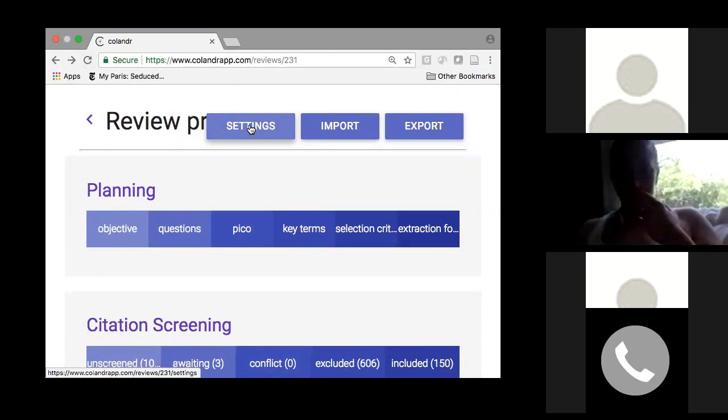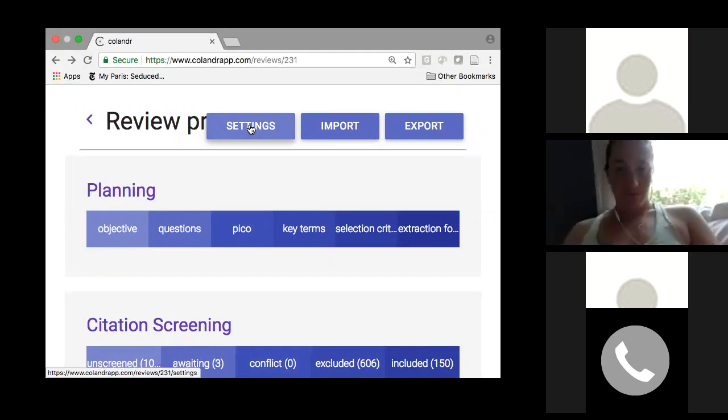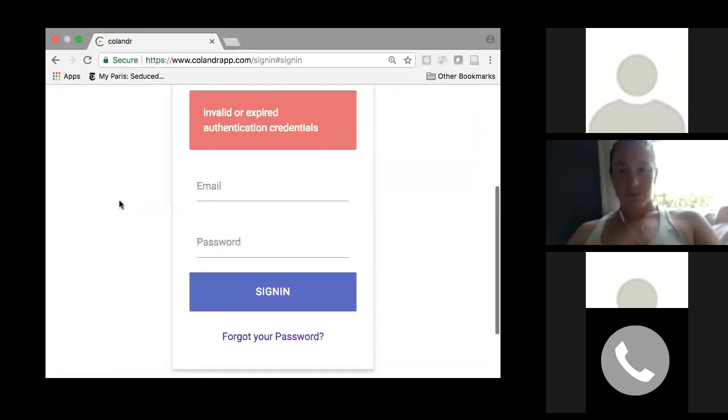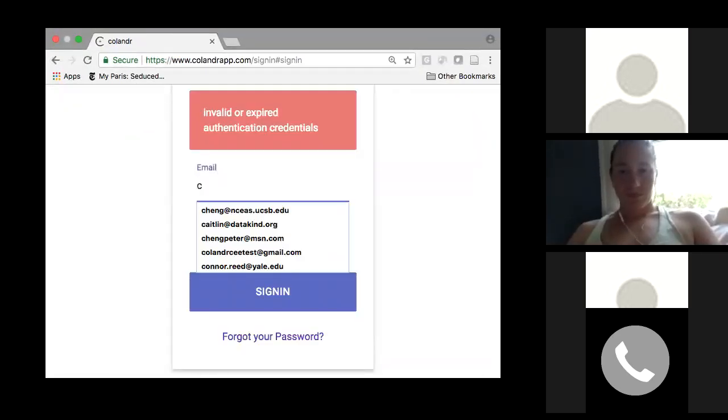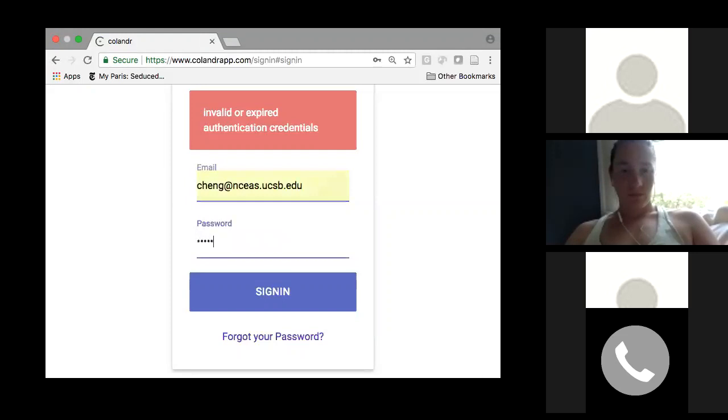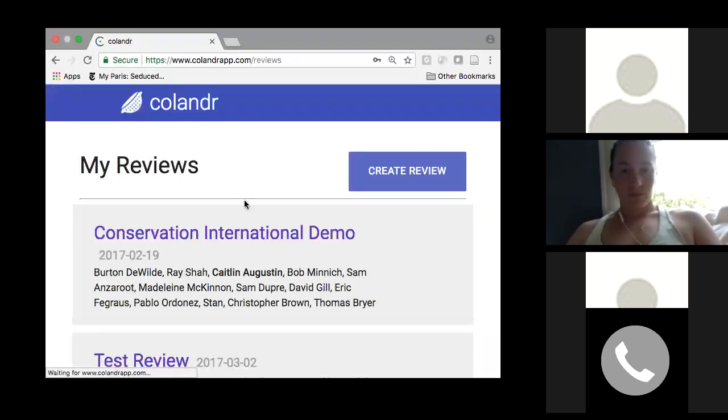I'm going to wait about 10 seconds. When you get to your review homepage, you're going to want to create a review. For the sake of this exercise, just create a review, even if you have one existing.